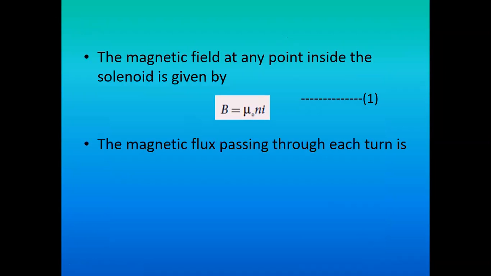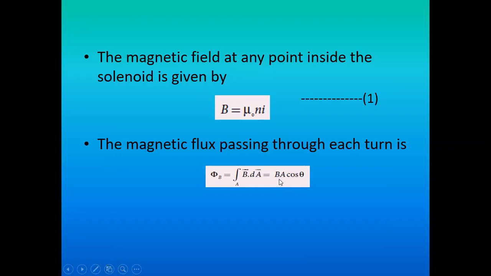Now, what is the magnetic flux passing through each turn of the solenoid? That is given by the definition of magnetic flux. Phi B is equal to integral B dot dA, that is BA cos theta, where theta is the angle between the magnetic field and the area vector.